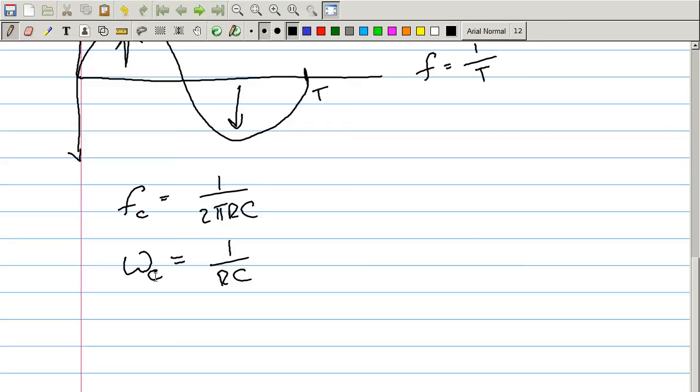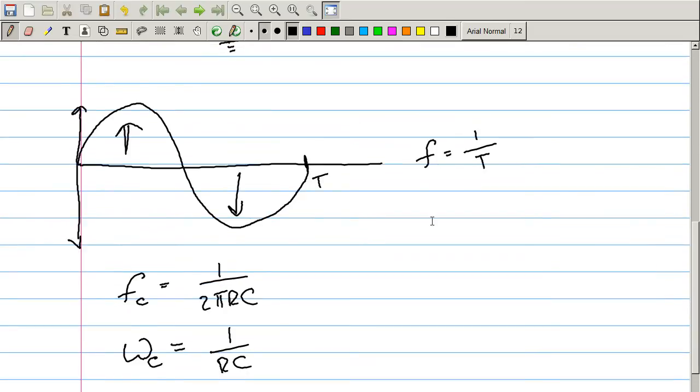Angular frequency is like normal frequency, except you multiply it by 2 pi. This is in radians. Remember that a sine wave will complete one period in 2 pi. So that is the difference between the two, going from radians to hertz. Okay, so why do we care about that?